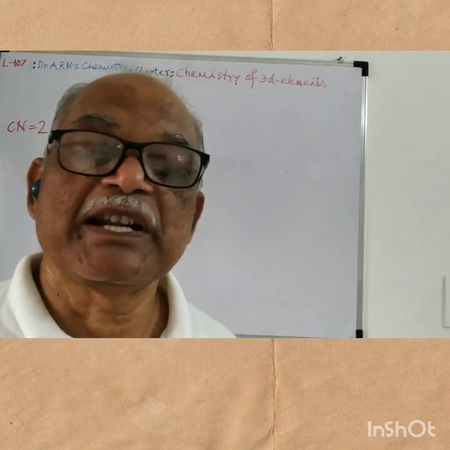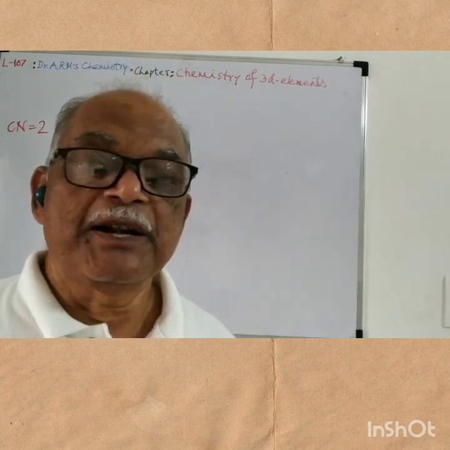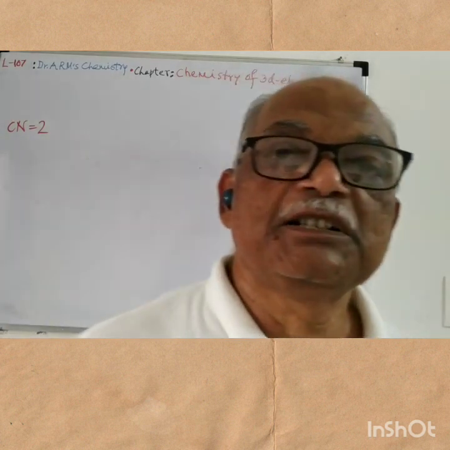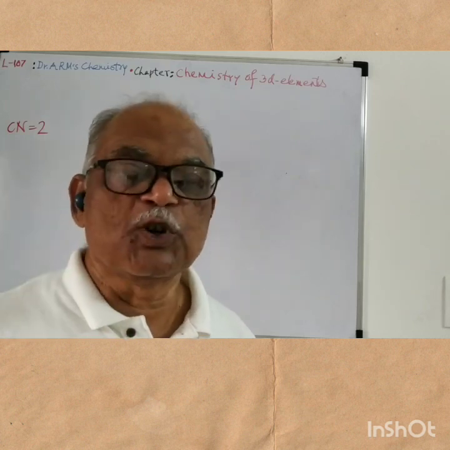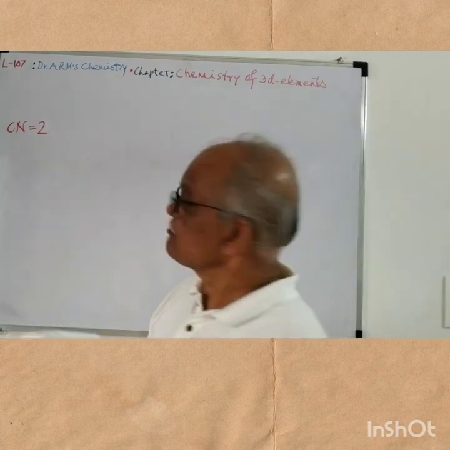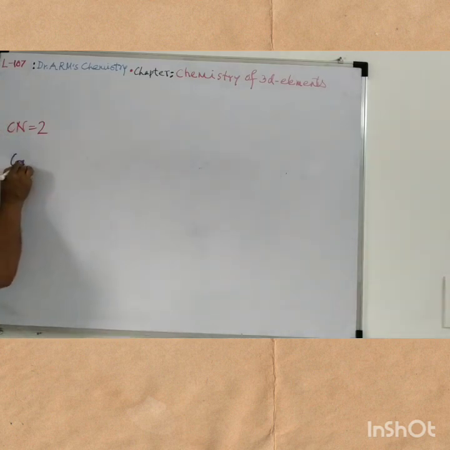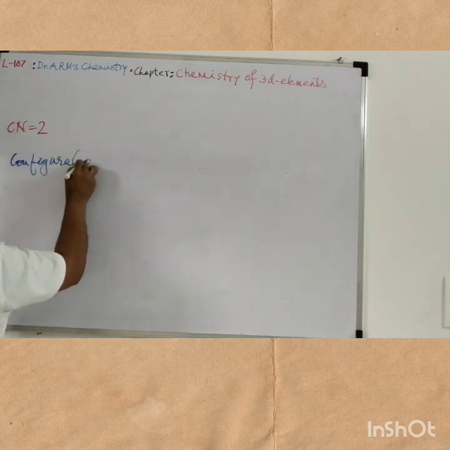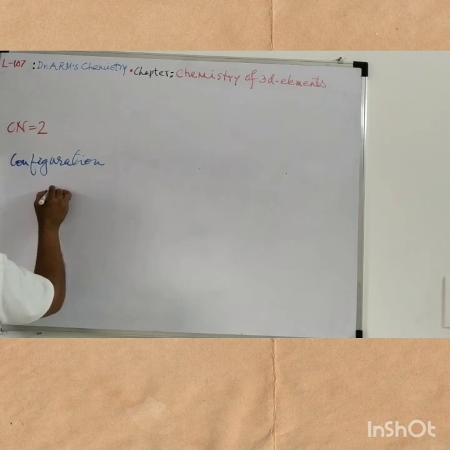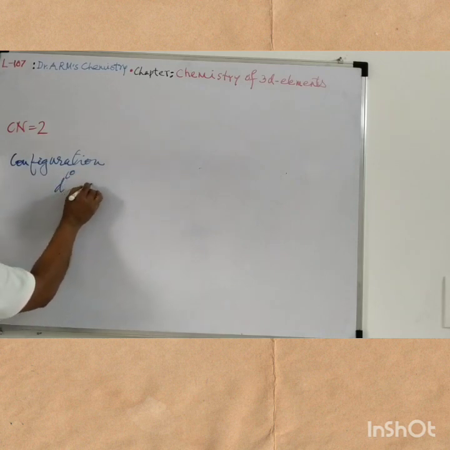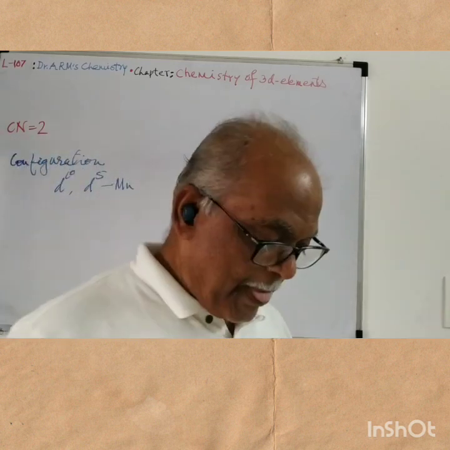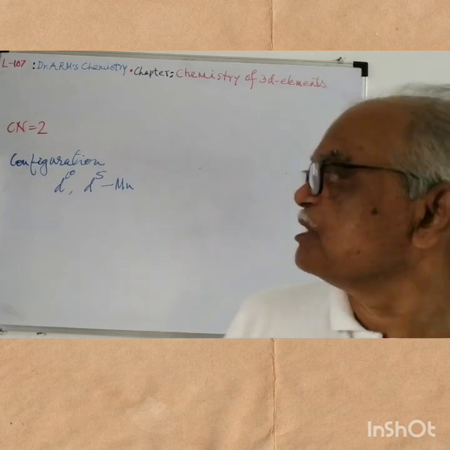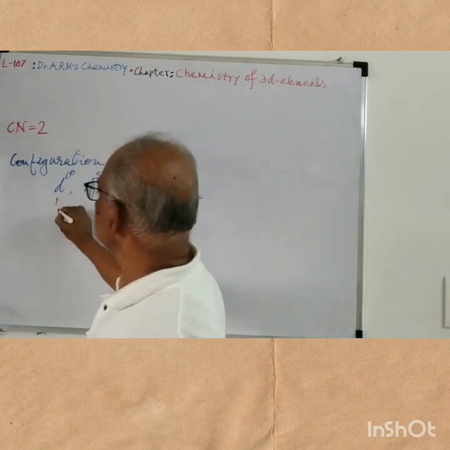It is most commonly observed in case of d elements when the configuration is most of the time d10, or sometimes d3 or d5 as it is observed in Mn.